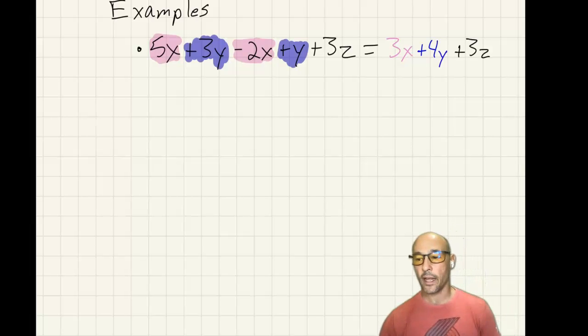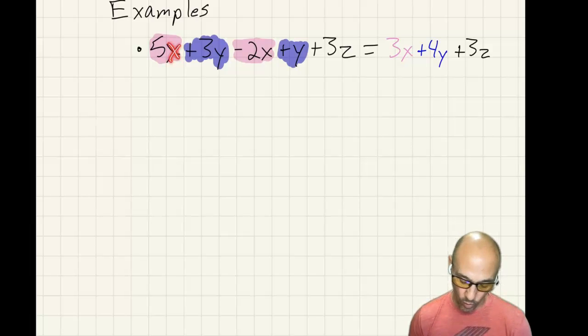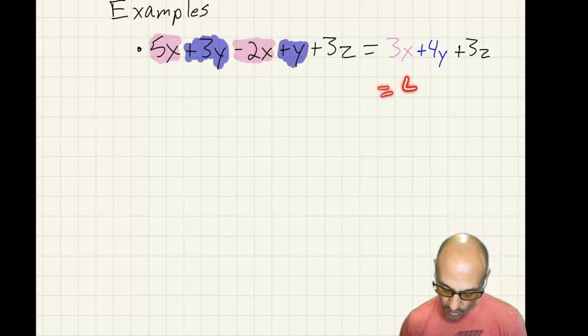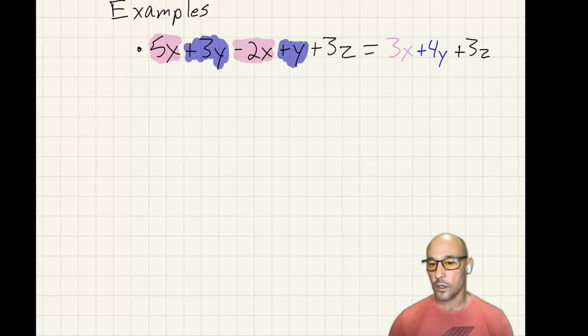And so that's how we combine like terms. Now, usually we put them in alphabetical order, x, y, z, but we could just as easily have this be 4y plus 3z plus 3x. It's equivalent. They're the same value.